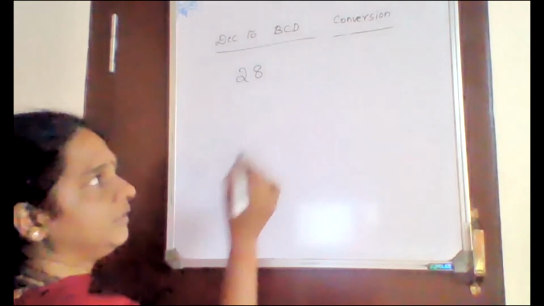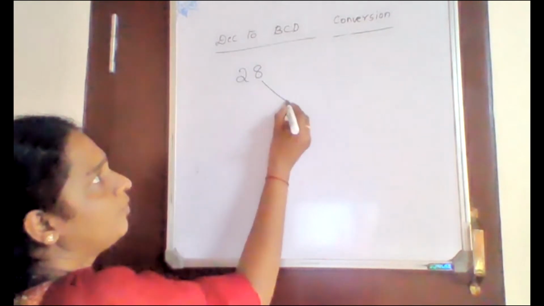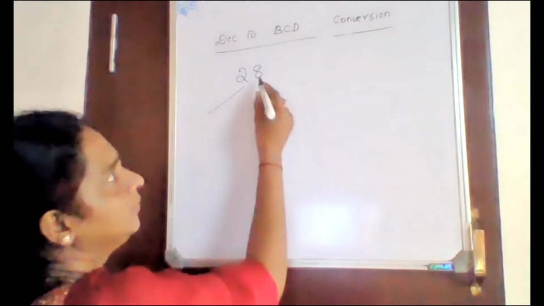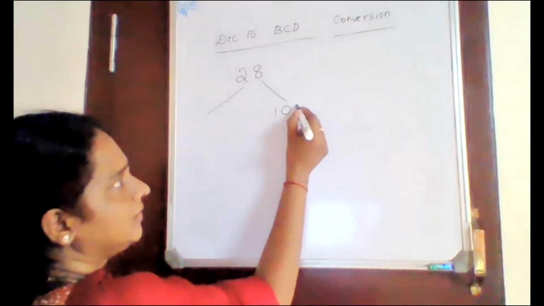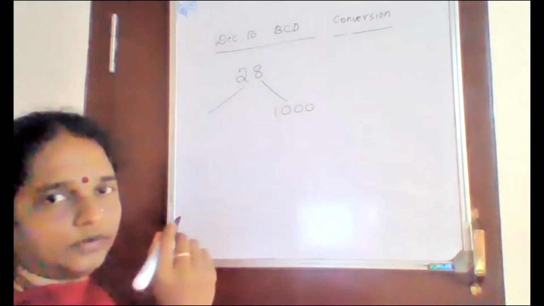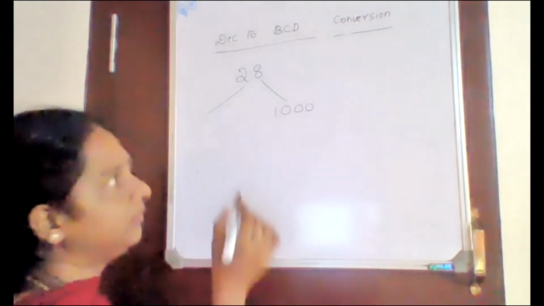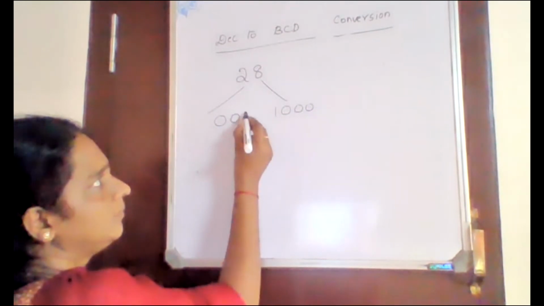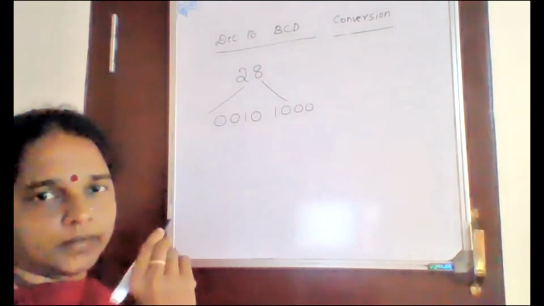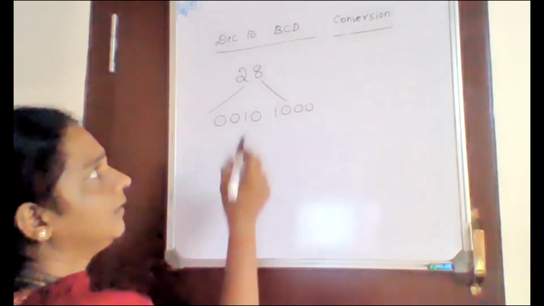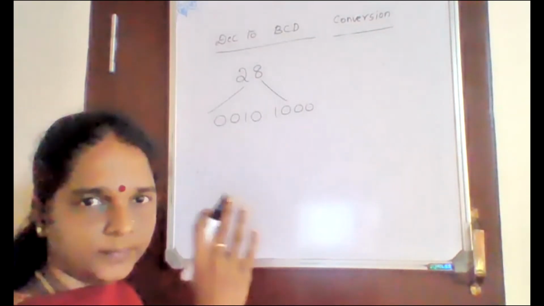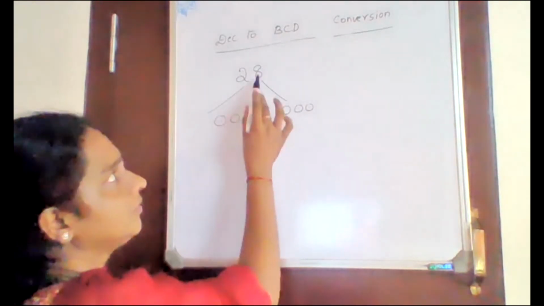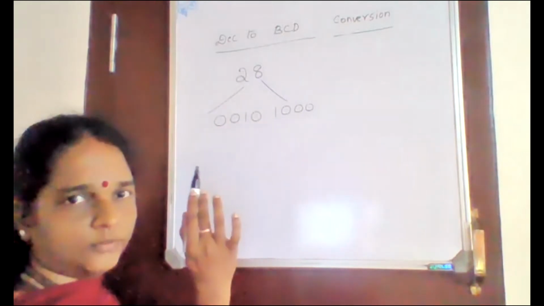For that, write the 4 bits for 2 and 8. 2 is indicated as 0010 in binary, and 8 is indicated as 1000. Write the respective 4-bit binary representation for 2 and also for 8.